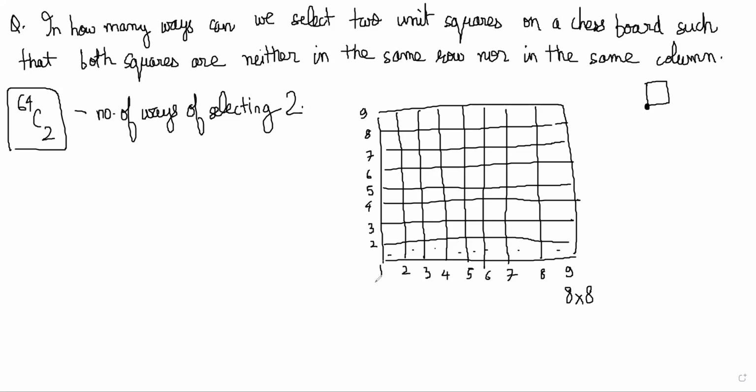So this square will be called 1, 1, with the y-axis 1 and x-axis 1. This square will be called 2, comma 1. This square is 8, comma 1, and this square will be 8, comma 8.